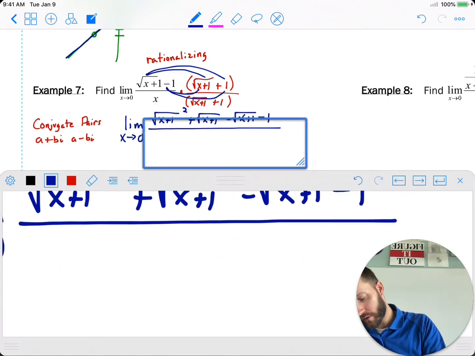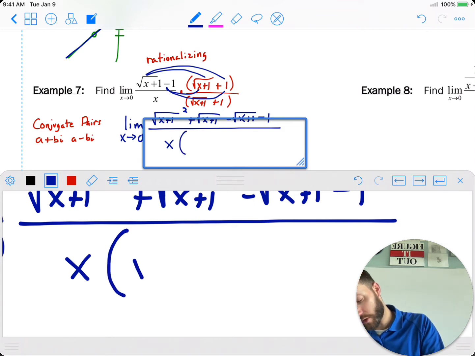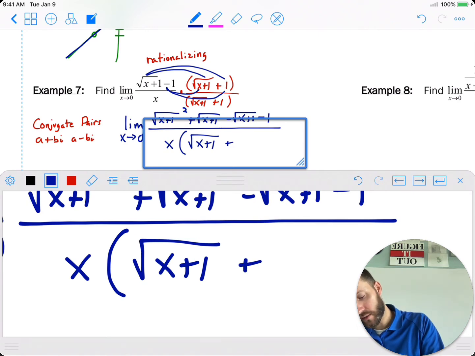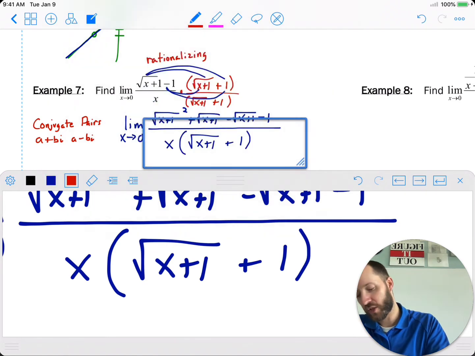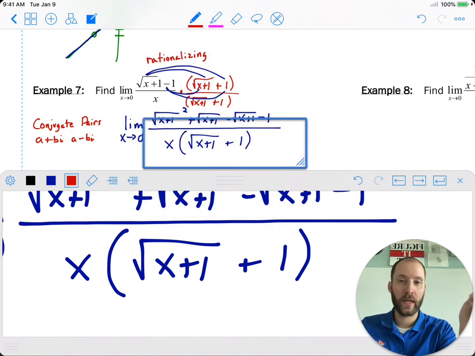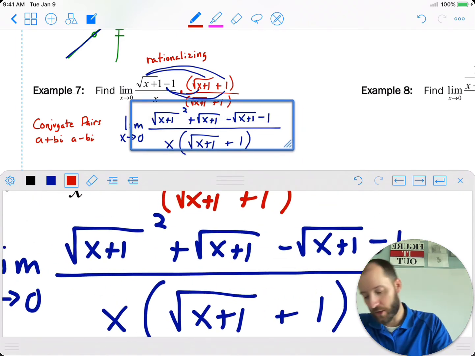All over. Now the bottom I'm not going to distribute. Just leave it as x and quantity root x plus 1 plus 1. Okay, so writing everything out. Now, good things are going to happen. The square root being squared, those cancel.